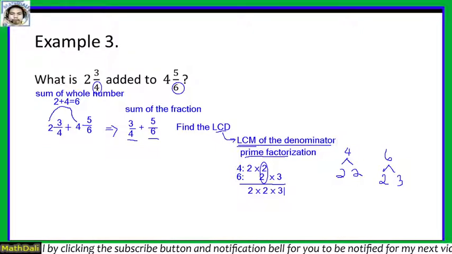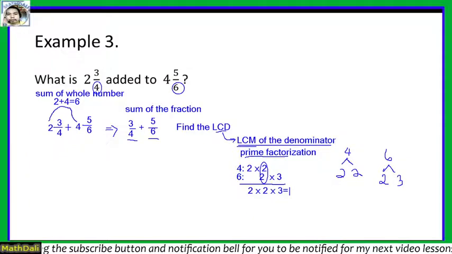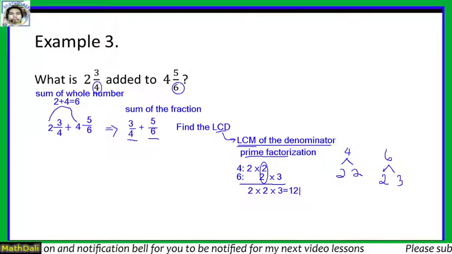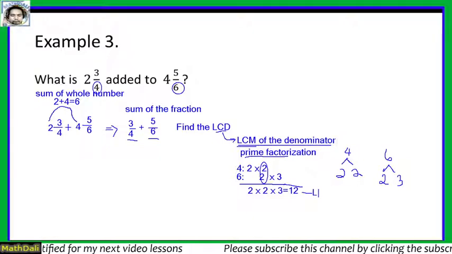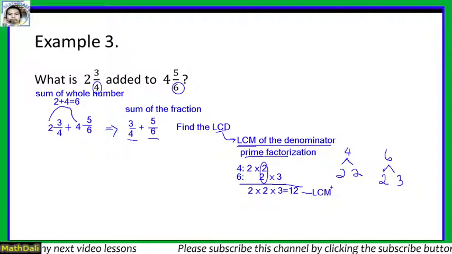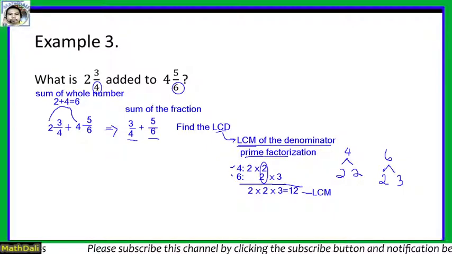That will be equal to, ang LCM natin, 2 times 2, that is 4, times 3, that is equal to 12. So, yan yung ating least common multiple. Ito yung ating tinatawag na least common multiple. Since ang kinonsider natin dito ay yung denominator, yung 4 at saka 6, then ang tawag din dito sa 12 na to ay yung LCD nitong fraction.